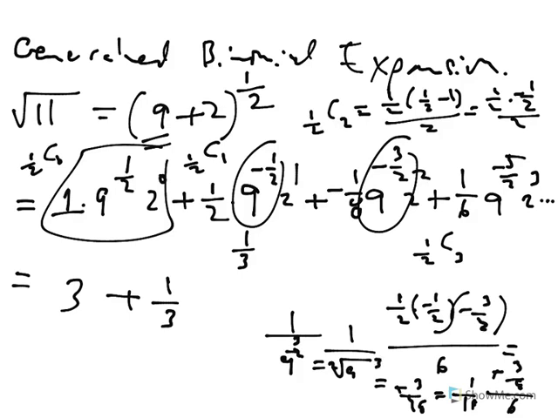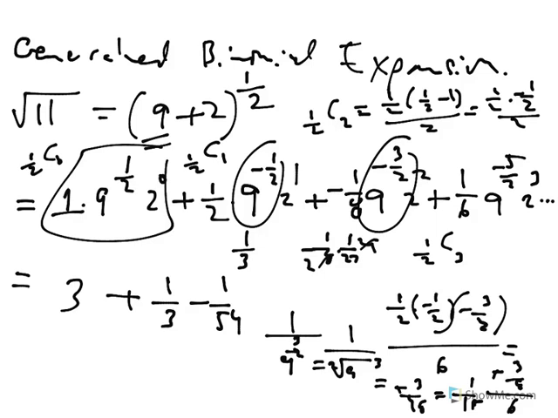In other words, 9 to the negative 3/2 is 1 over 27. So we have negative 1/8 times 1 over 27 times 4, that's the 2 squared, and the 4 and the 8 cancel out, we get negative 1 over 54.